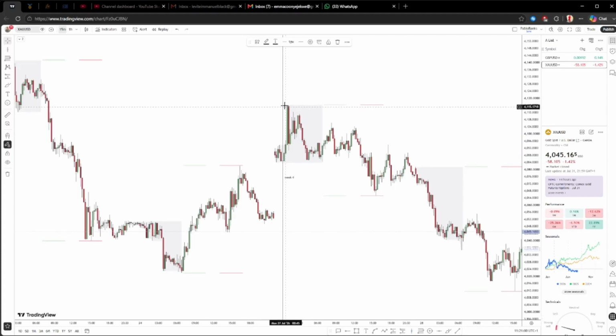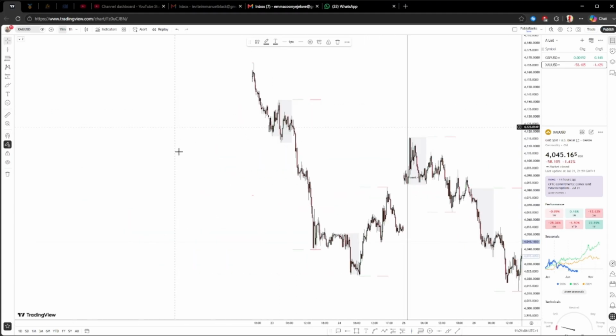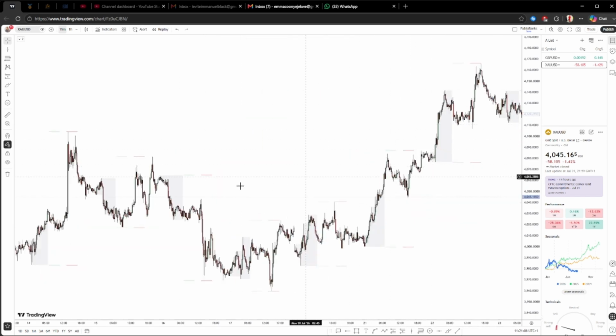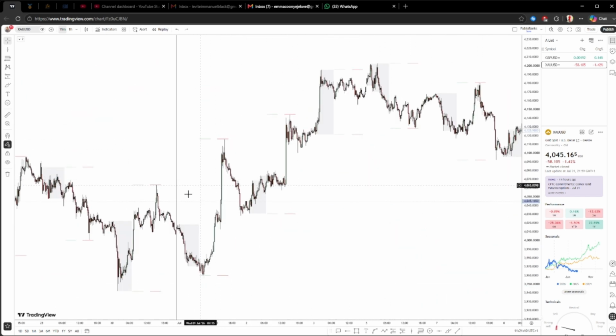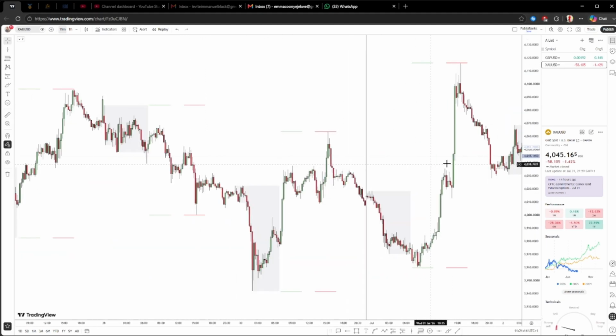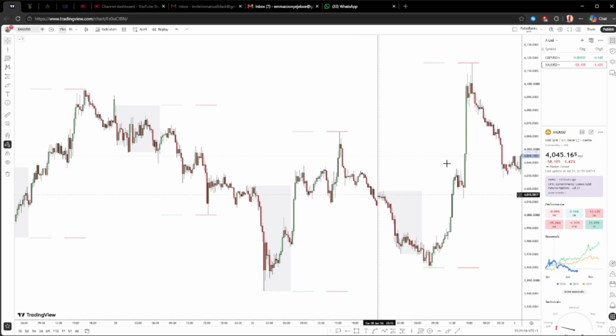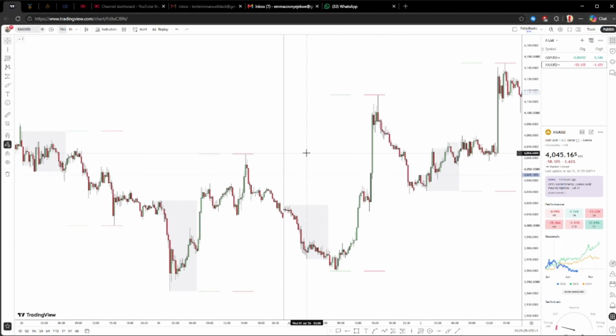So this is the first of July. What I pretty much do on gold is that whenever I see an impulsive move, I put my Fibonacci levels and draw the premium and discount, and you will see how it goes.